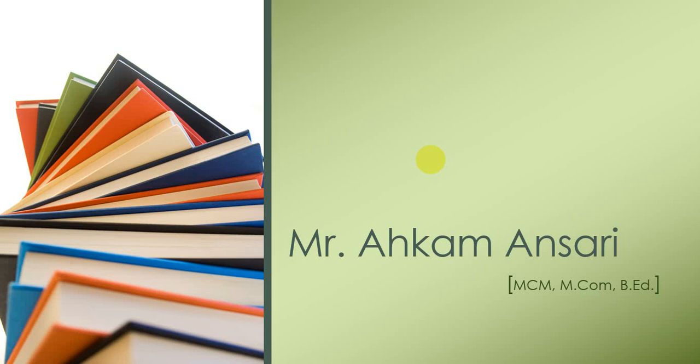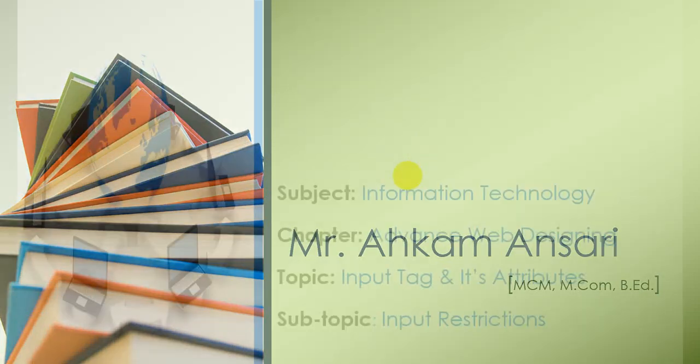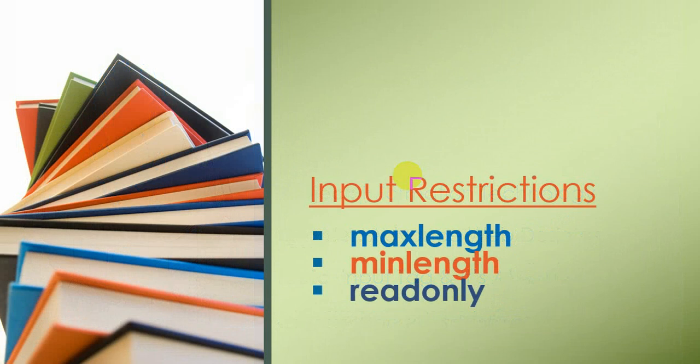In the previous lecture we have seen some restriction attributes. In today's lecture, inshallah, we will see some more attributes which come under the category of restriction attributes. So let's start. In the previous lecture we have seen maxlength. I think you got some idea about maximum length, the number of characters the user can enter.